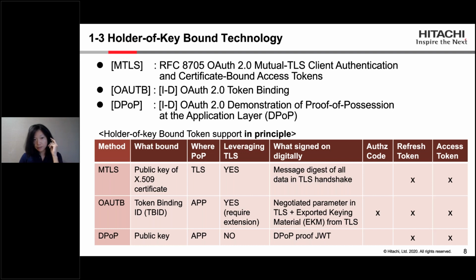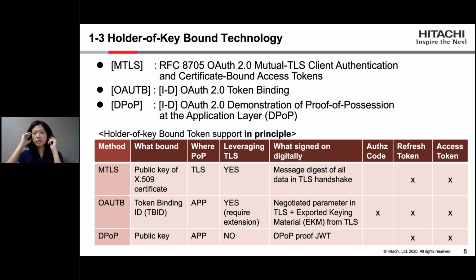For example, MTLS and DPoP can only treat a refresh token and an access token to be holder-of-key bound, while OTB can treat OAuth code, refresh token and access token to be holder-of-key bound.